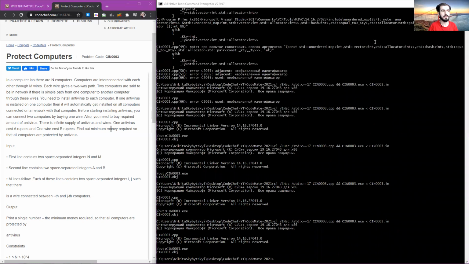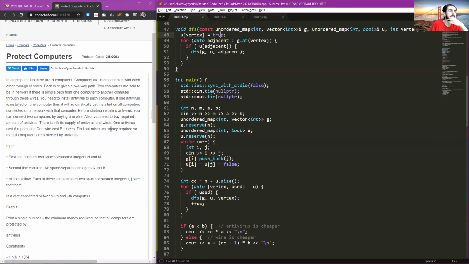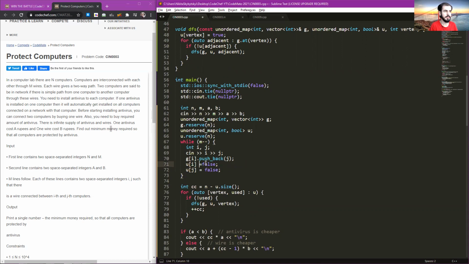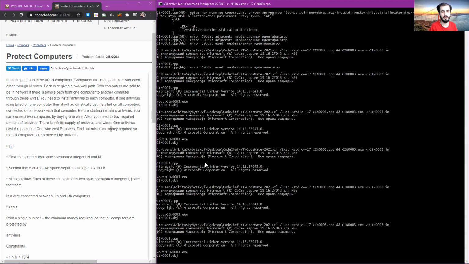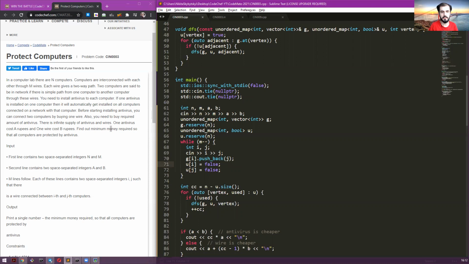No, it still dies. Okay. We see outgoing edges from vertex, if adjacent edge is not visited. Maybe we were supposed to do this. I'm not sure. I don't think it matters. Should not matter. Still something is wrong.